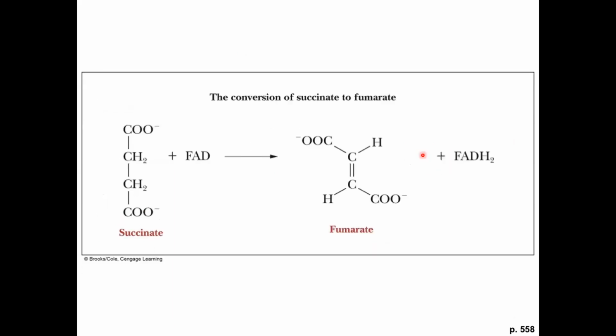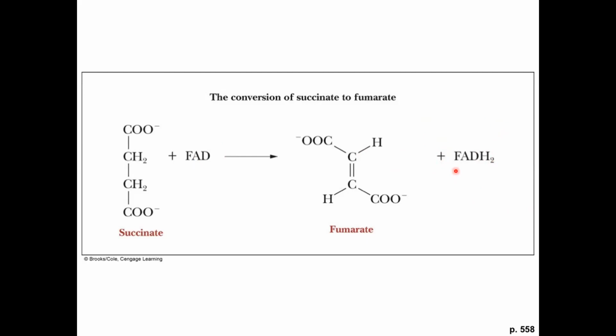So our next reaction, we're going to have succinate and FAD. Here there is going to be oxidation occurring, but this is different from the previous two. As you can see, the oxidation is going to be FAD to FADH2. All you need to know for our purposes is that oxidation occurs. It's different from the previous two reactions we saw because here it's using a different mechanism, FAD into FADH2.